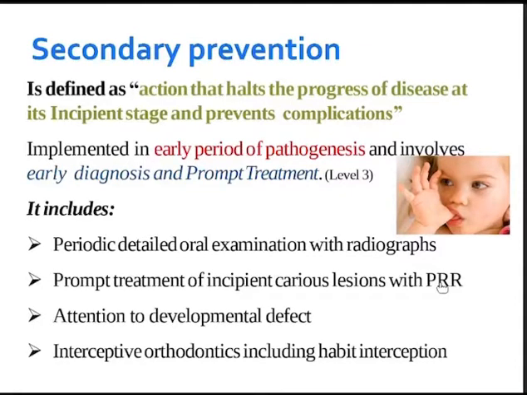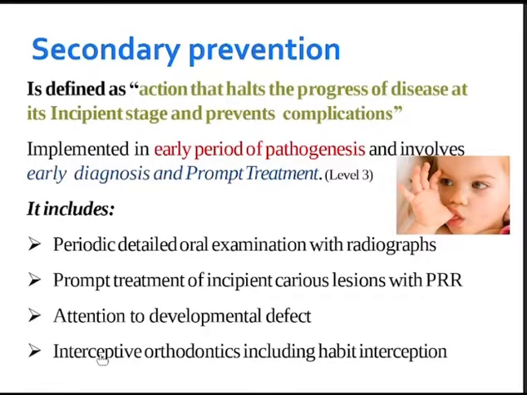So you have done the restoration, and you have also protected the remaining areas of the tooth. This is called preventive resin restoration, PRR. If any developmental defect like enamel hypoplasia or hypomineralization is there, you give adequate importance to that and restore it then and there itself. That also comes under secondary prevention.